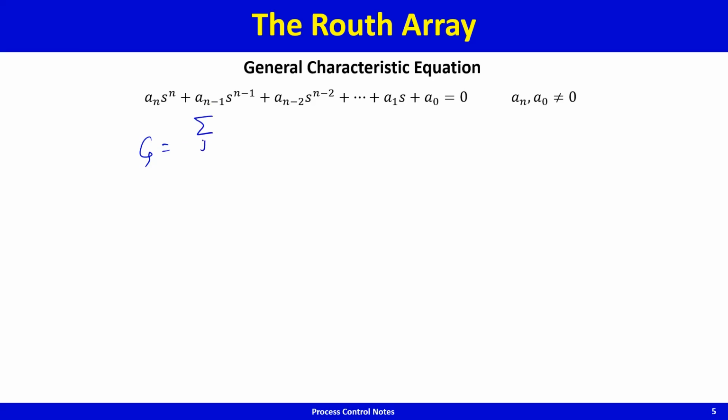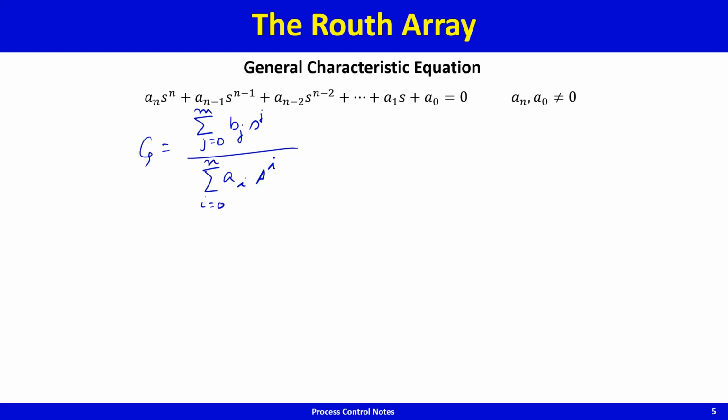Summation j equal to 0 to m of b_j times s to the power j, divided by summation a_i times s to the power i, i equal to 0 to n.